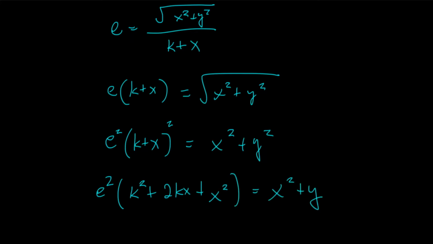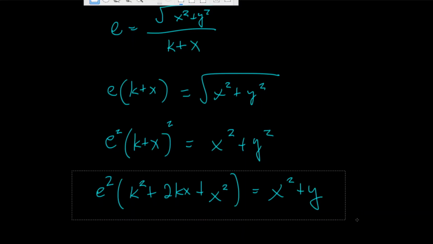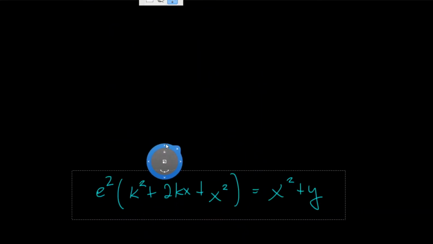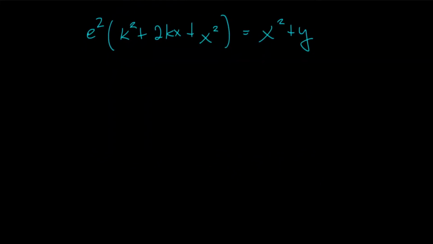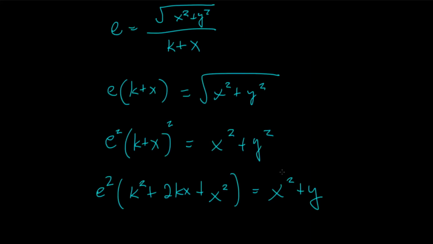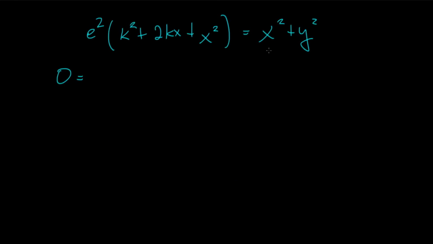I'm going to distribute this e squared and move everything to the right-hand side, and we are going to kind of interpret this thing. So we're going to get an x squared, and we have a y squared here. We're going to have x squared plus y squared minus e squared k squared minus 2e squared kx minus e squared x squared.